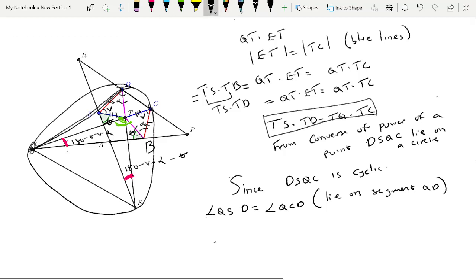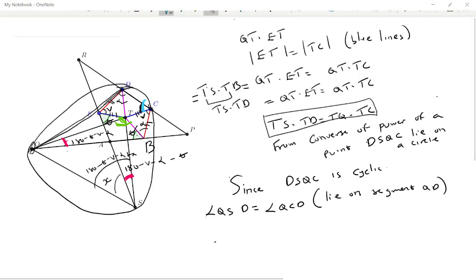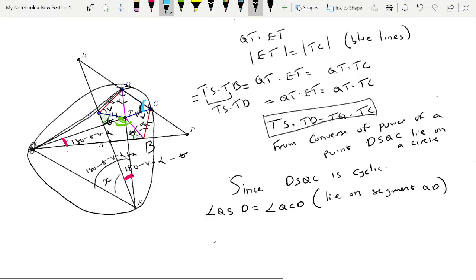Let's suppose I call this place X, and this entire angle here becomes 180 minus theta minus V minus alpha plus X. Then this other place, let me use blue, this blue section also becomes 180 minus theta minus V minus alpha plus X.